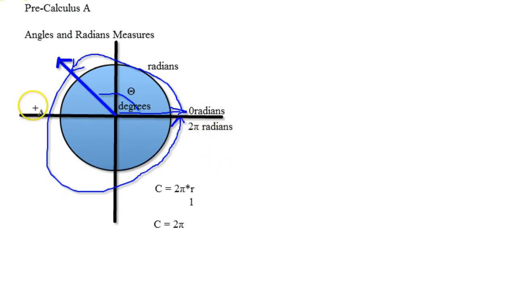Now, if we only went halfway, that would be half of 2 pi, which would just be pi radians. That's really kind of cool. And if we only went a quarter of the way around, a quarter of 2 pi is pi halves.